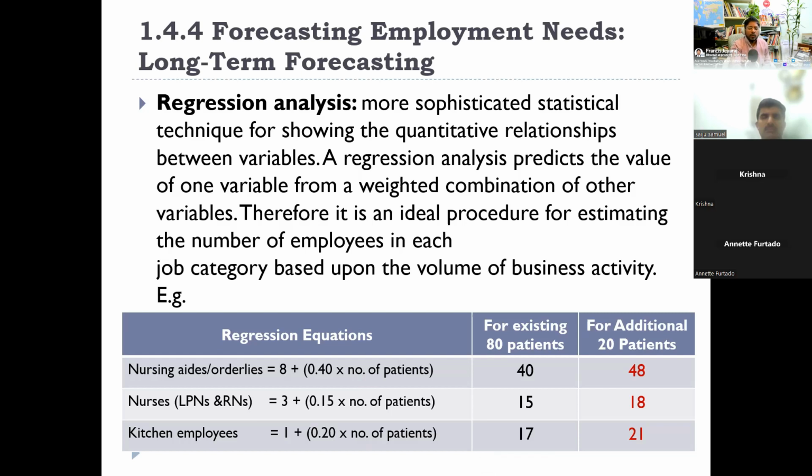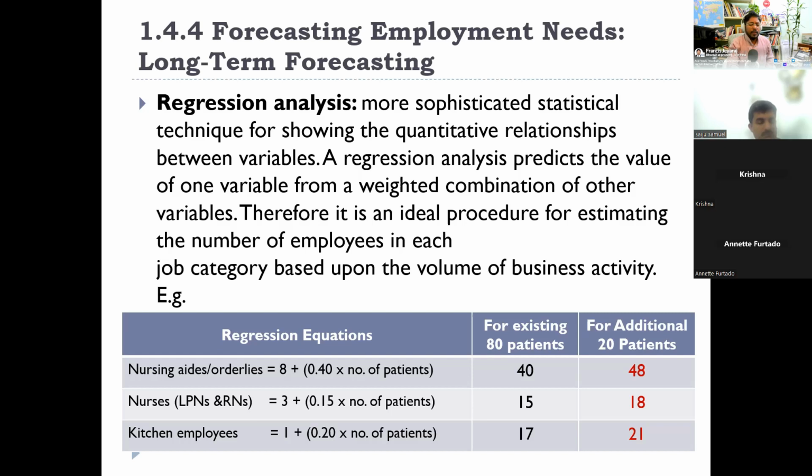For example, let us illustrate. I will give you one case study of regression analysis in the healthcare industry, specifically focusing on estimating the number of employees in different job categories based on the volume of patients being treated in a hospital. Let us take City General Hospital.